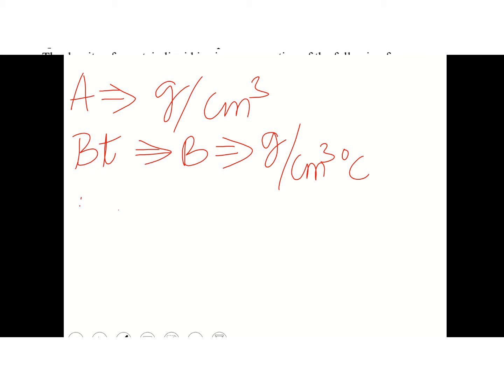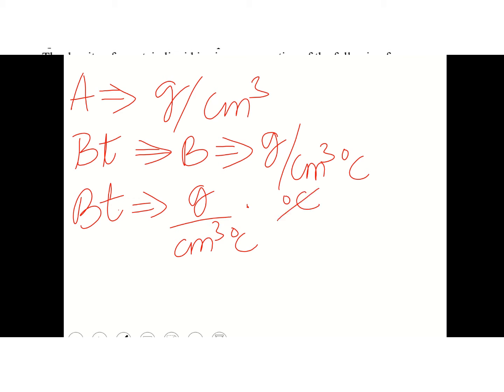Let me explain further: the unit of B is gram per cm cube per degree C, times the unit of T, which is degree C. So this cancels this, and you can see now that what we have is gram per cm cube.